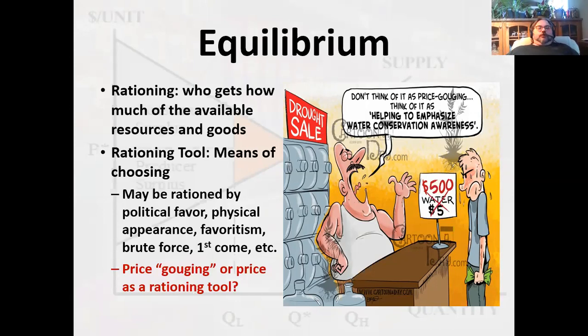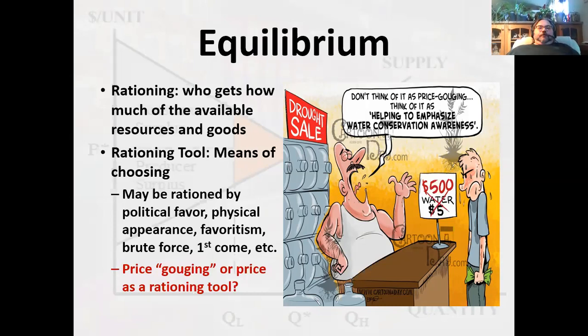Remember, those are the two things necessary in a marketplace: the willingness and ability to buy. And we might ration because we want to spread that out among multiple consumers. So there are several different reasons for why a rationing tool would be used.